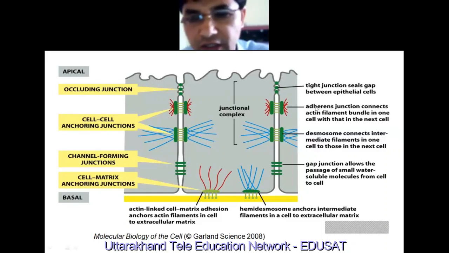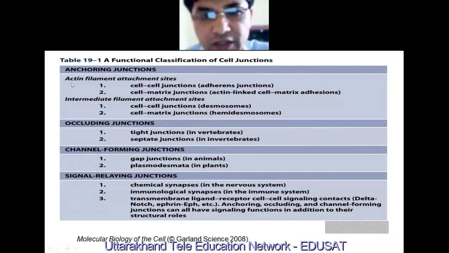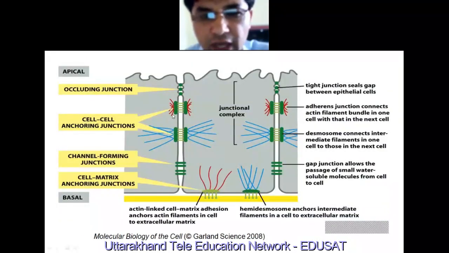The second is the cell-cell anchoring junctions. Now you will see here, this is a junctional complex. The adherent junctions connect the actin filament bundle in one cell with that in the next cell, right? In case of the cell-cell anchoring junctions, one is the adherent junctions, supported by your actin filaments.